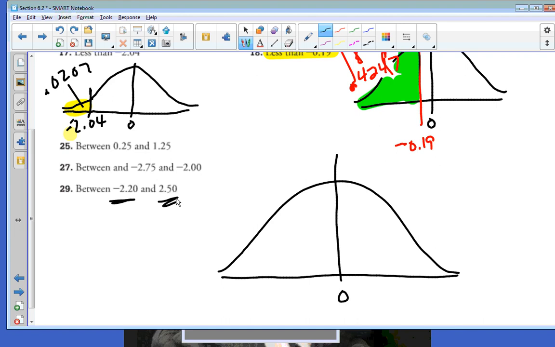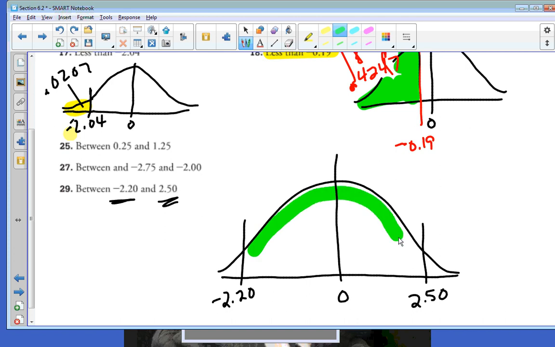So if I were you, I'd pause the video and see if you get the correct answer. I'm going to keep on going. Well, I know that negative 2.20 is going to be here, and positive 2.5 is going to be somewhere up here, and I want it to be between, so this is the area that I'm interested in. That's a big area, so I'm beginning to think that the answer I should get should be pretty close to 1 because I don't have much on either end left.